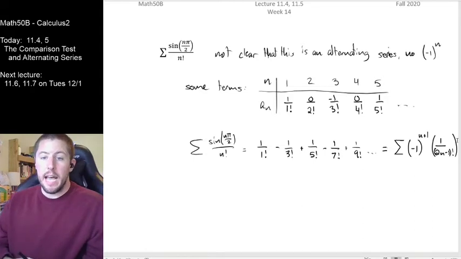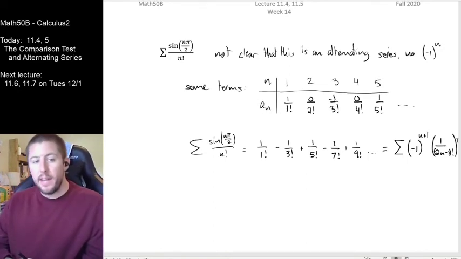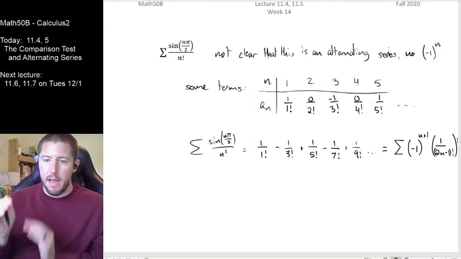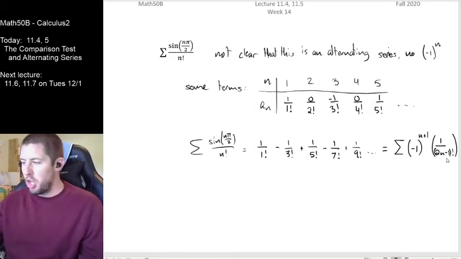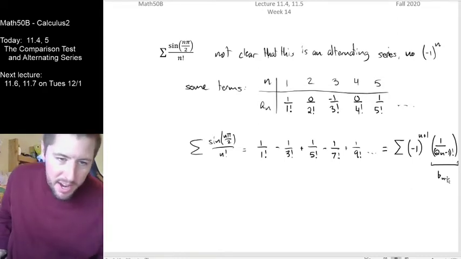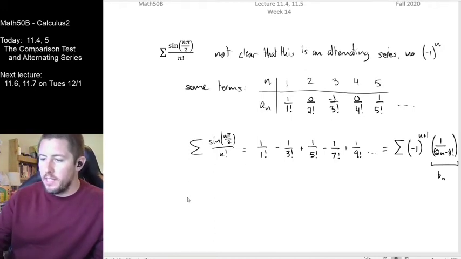So the good news is I have now rewritten my series to be an equal series, but one that is written in the form negative 1 to the n, or to the n plus 1, that part really doesn't matter, times a b sub n term right here. We're in great shape now. Now that I've written this in the desired format, I can now attempt to use the alternating series test.